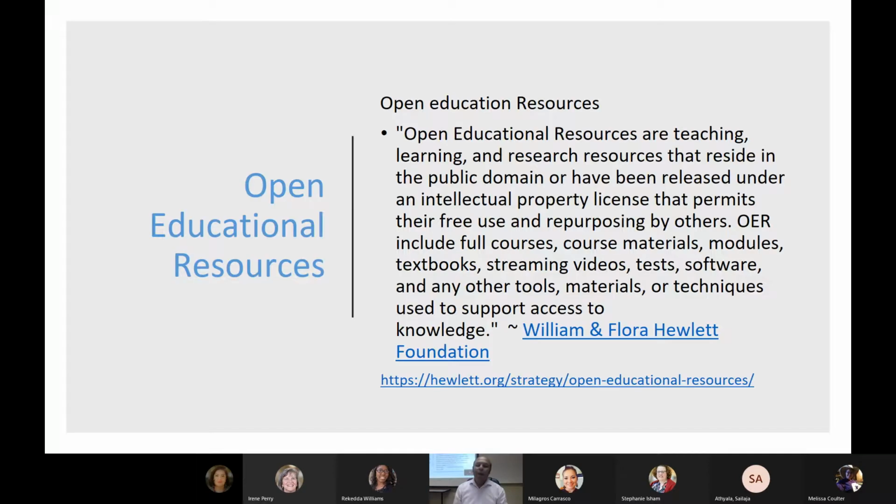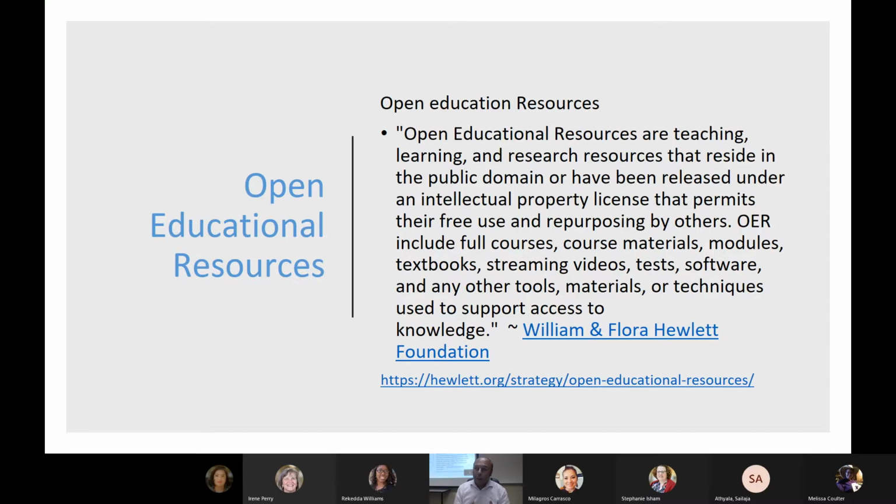So I know many of you know what open educational resources are. I'm just going to give a little overview because I want to make sure everyone in our workshop has some idea about them. The main rule is that open educational resources are teaching, learning, and research resources that reside in the public domain.